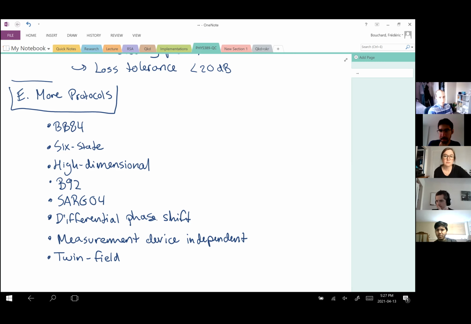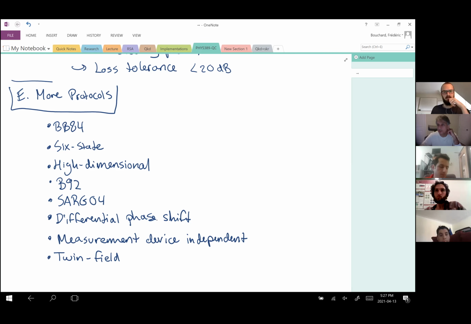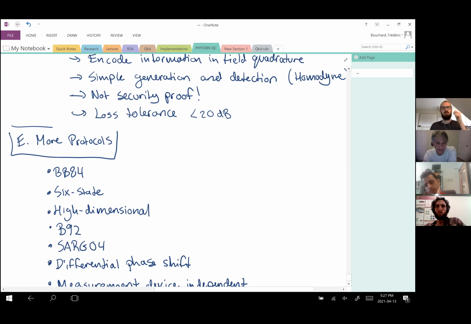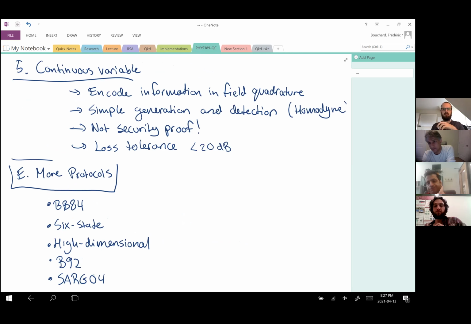Regarding the CV QKD, I was in a meeting with a couple of scientists, theoretical experts in this. They told me that during the last 3-4 years, there has been serious progress in security proof for CV.